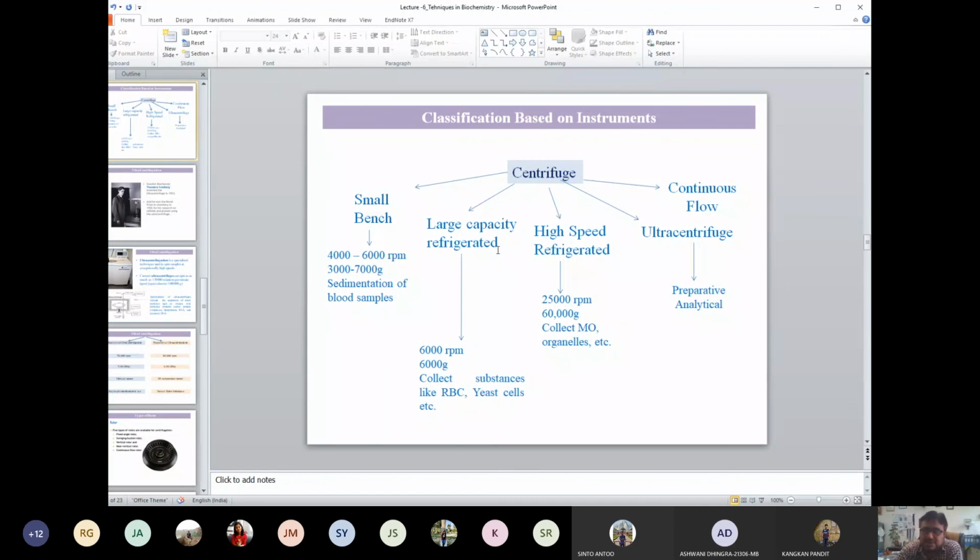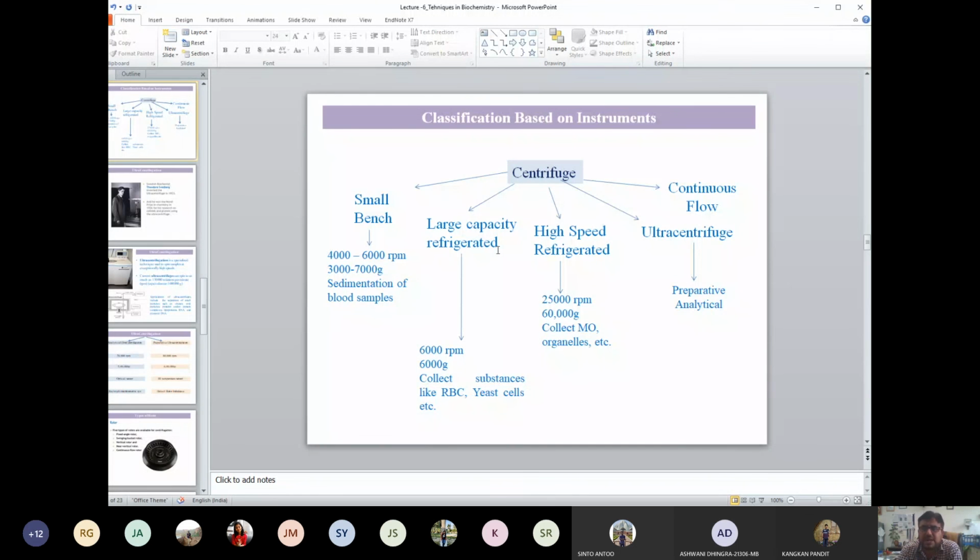One is preparative ultracentrifuge and another is analytical ultracentrifuge. And the last classification is continuous flow centrifugation, and this is basically used in industry.